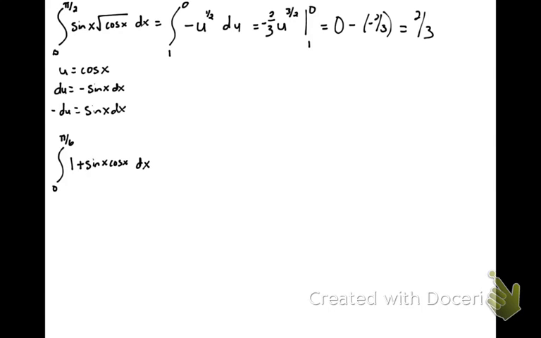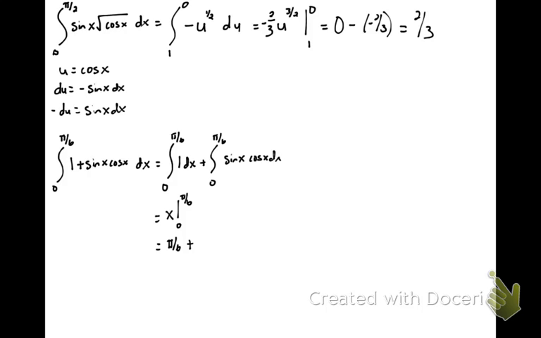To make it easier to see the u-substitution necessary, we've really got two integrals here: the integral from 0 to pi sixth of 1 dx plus the integral from 0 to pi sixth of sine x cosine x dx. This first integral is pretty easy to do. 1 dx is equal to x from 0 to pi sixth. When we evaluate this, this part's equal to just pi sixth. So it's pi sixth plus whatever this other integral is equal to.